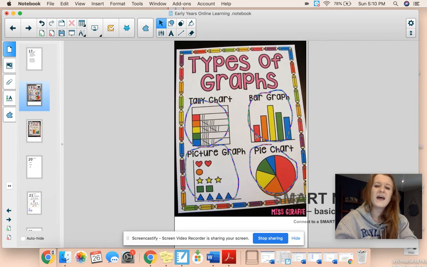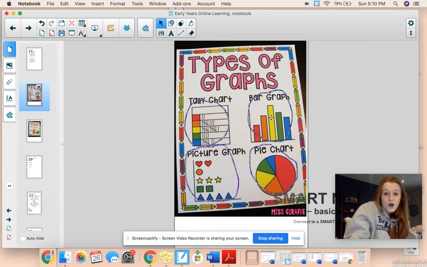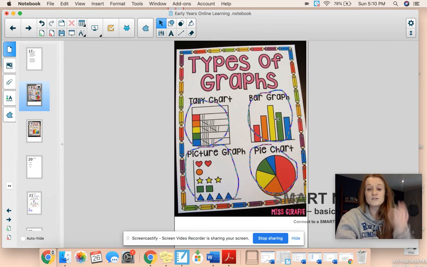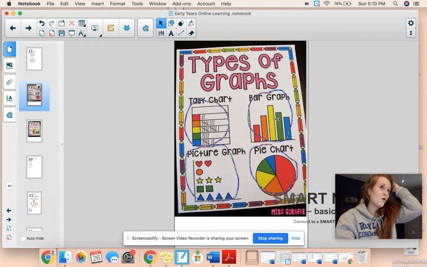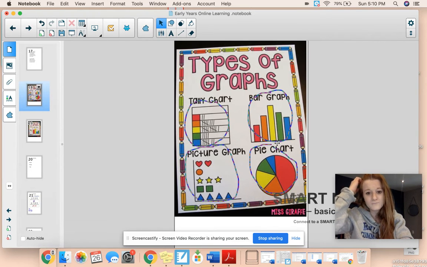So maybe red was for cats, orange was for fish, yellow was for dogs, green was for birds, and blue was for snakes, okay? So this would show you that yellow was the most popular pet, okay, because it's the highest bar. But we'll talk about that more later.